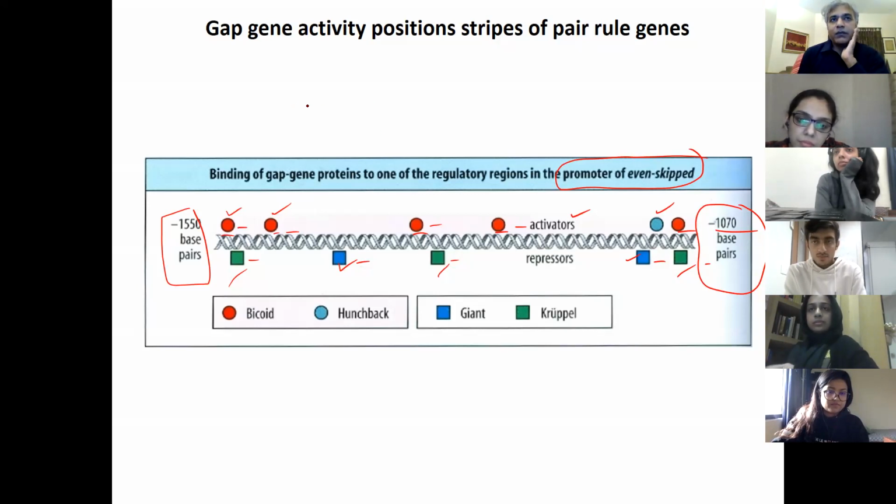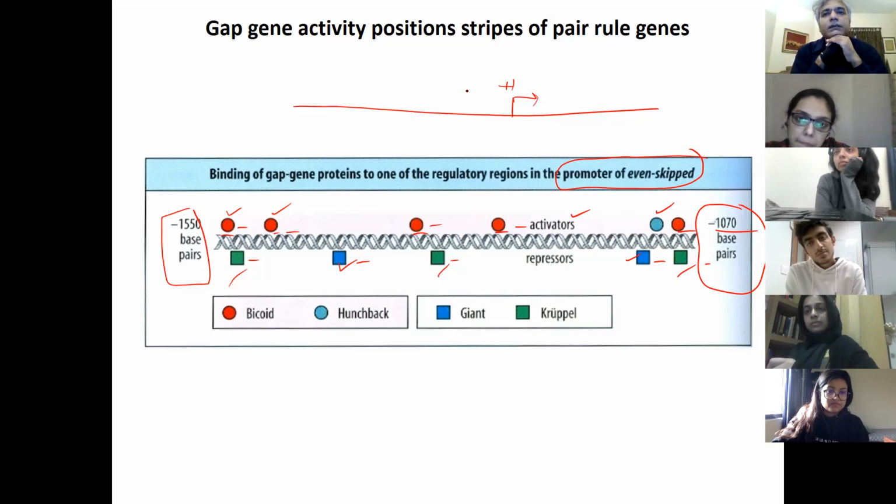In 1 year, you are going to finish your degree and you don't know very basic things. If I write down here +1, what does it mean? The gene which is transcribed.